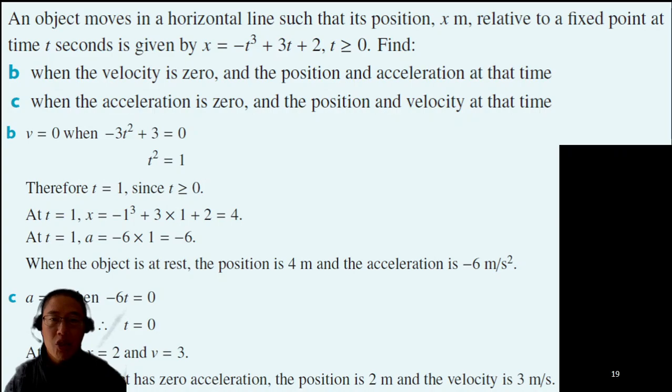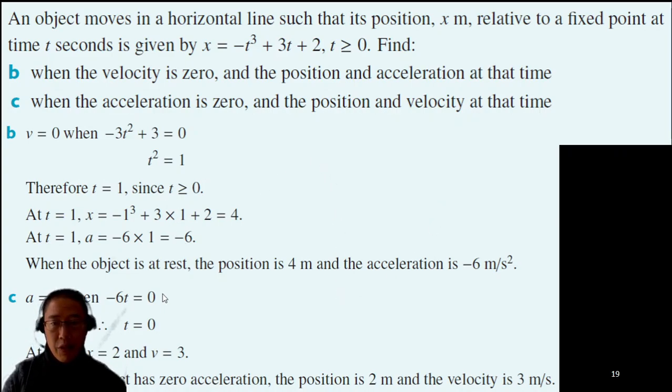It will be a change of direction, as the particle will move in a different direction. Okay, so v equals 0, we replace by the expression of v that gives us an equation in t. We get the value of t. We substitute into x and a, the position and the acceleration. The position is going to be used if we need to do a linear representation of the trajectory of the object.